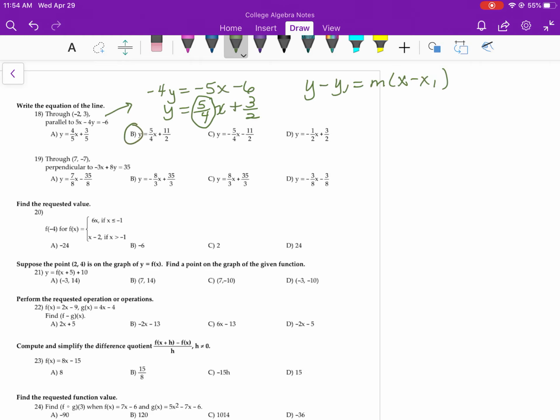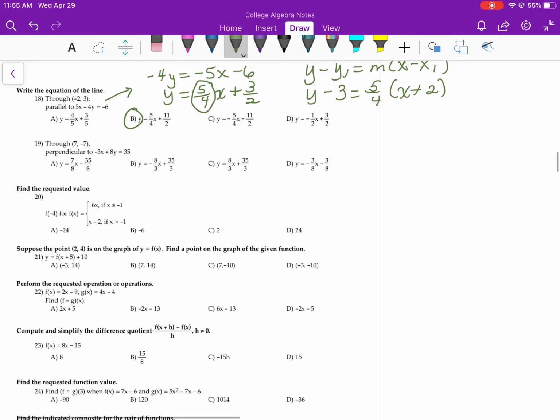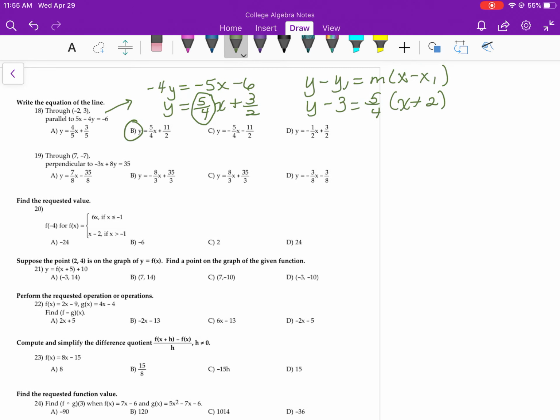If you're interested in getting the exact equation, you can plug in your ordered pair and your slope and solve that equation for y. If I'm graphing a line, or if I'm making a line that's perpendicular, I'm going to solve for y again.